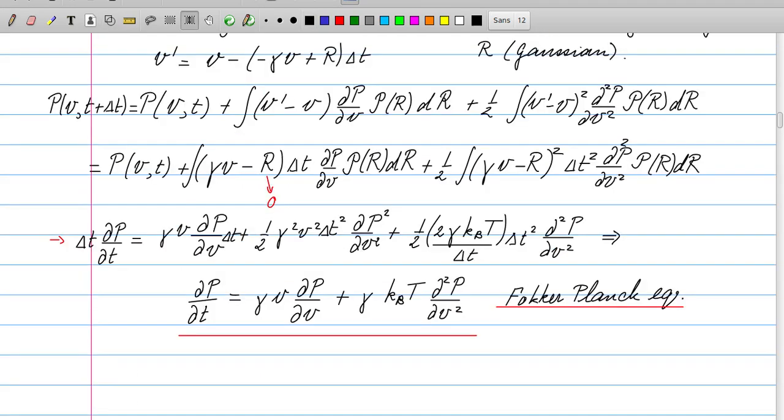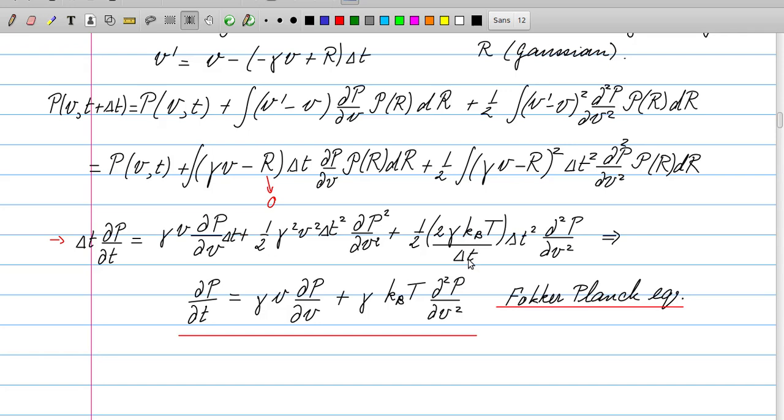Now you may argue that I've not been consistent, because here I have taken only the first order term, whereas here the terms contain also powers of delta t squared. So why did I omit those terms here? Well, in fact I'm working to order delta t on the left and on the right hand side, but it's important that this expectation value of r squared depends on 1 over delta t.